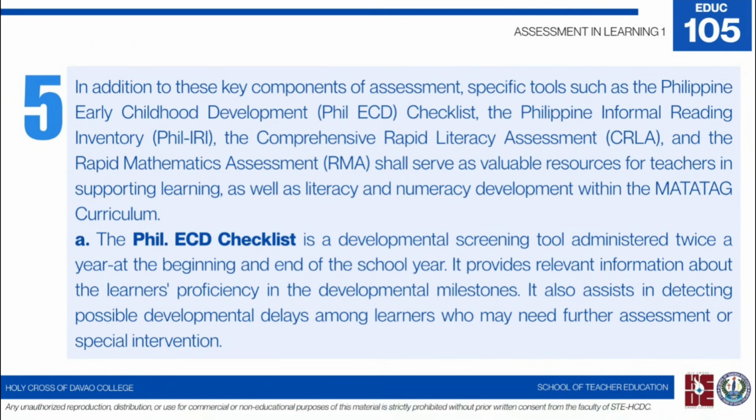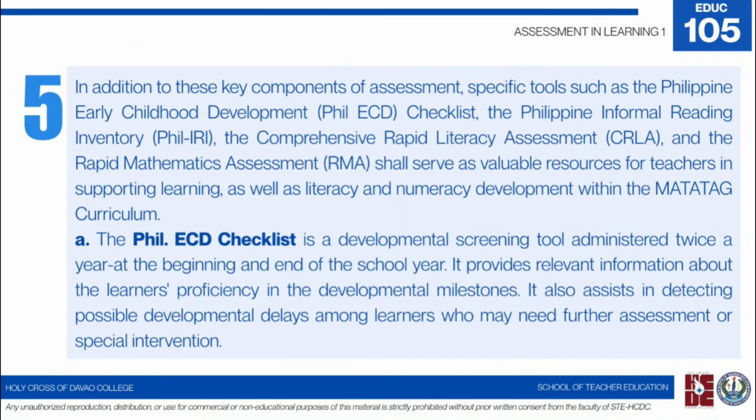The PhilECD checklist provides relevant information about learners' proficiency across key developmental domains, including physical development, the gross and the fine motor skills, language development, cognitive development, social emotional development, and self-help skills.